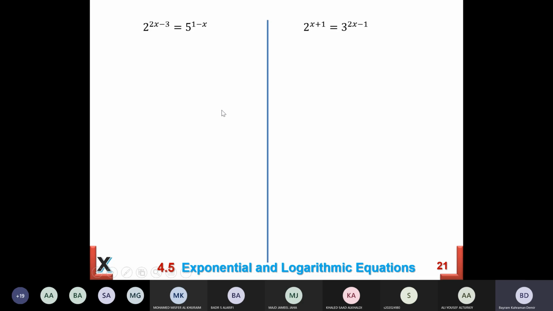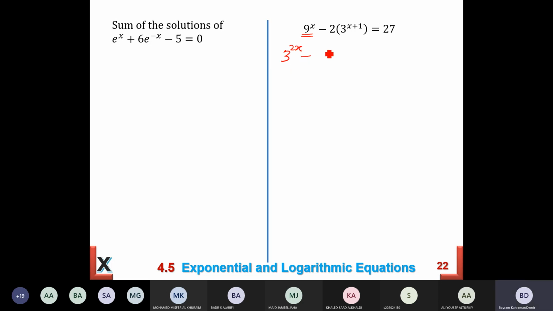All right, these kinds of standard power exponential equations, Shabab, we have already solved. Let me see if there is anything interesting. Maybe I should just look at this one. Shabab, 9 to the power of x, so we have 3 to the 2x, am I right? Minus 2 times 3 to the power of x plus 1, which means 3 times 3 to the power of x, am I right?